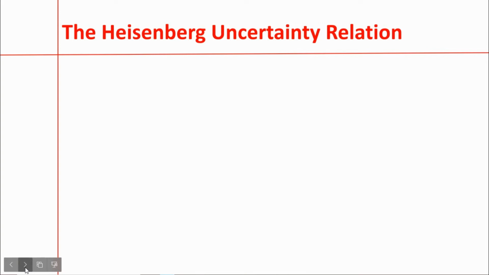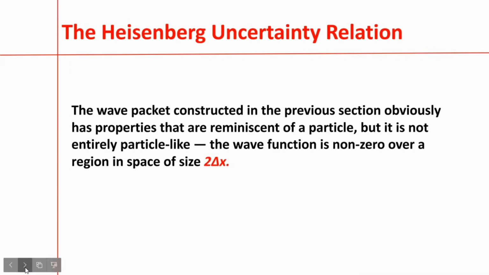The Heisenberg Uncertainty Relation. The wave packet constructed in the previous sections obviously has properties that are reminiscent of a particle, but it is not entirely particle-like. The wave function is non-zero over a region in space of size 2 delta x.